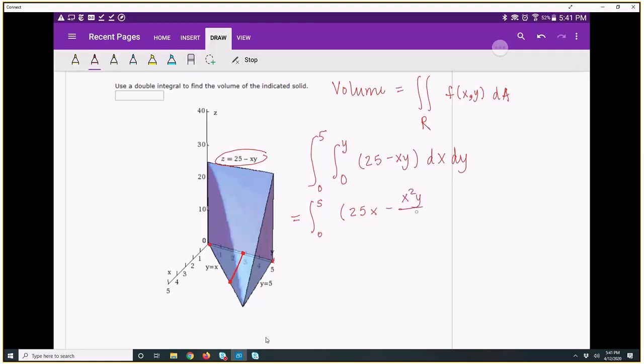So just treating y like a constant and taking the antiderivative of x, I get x squared over 2. And I want to evaluate from 0 to y.